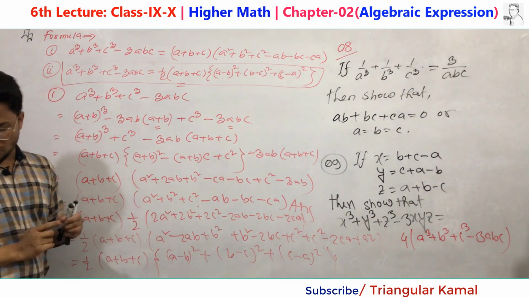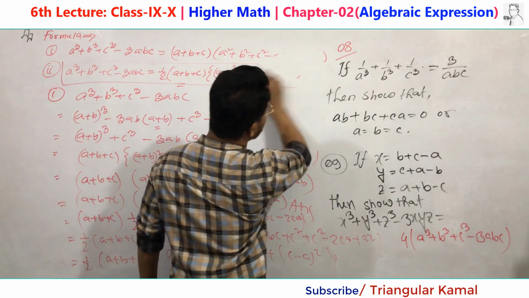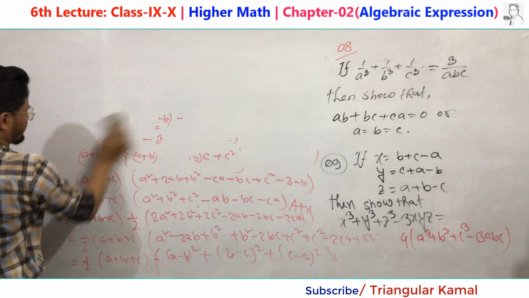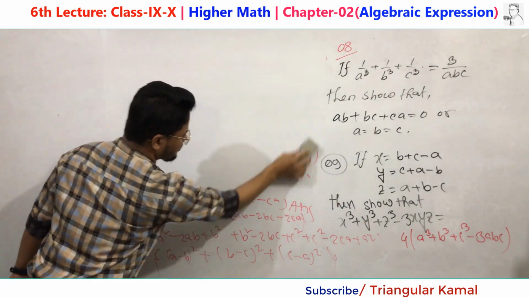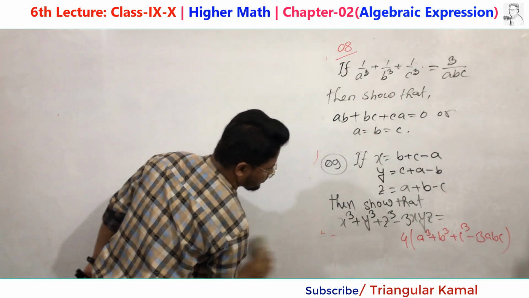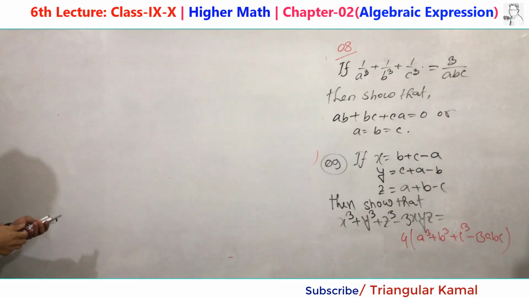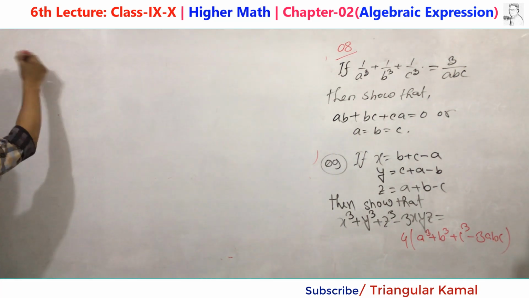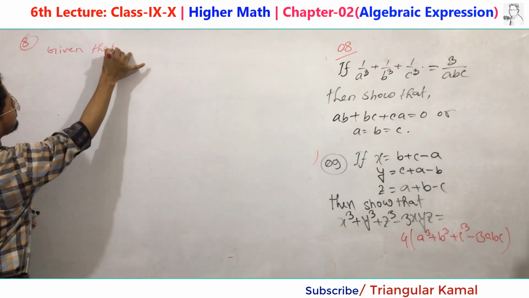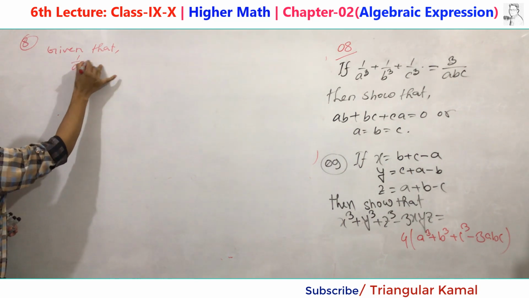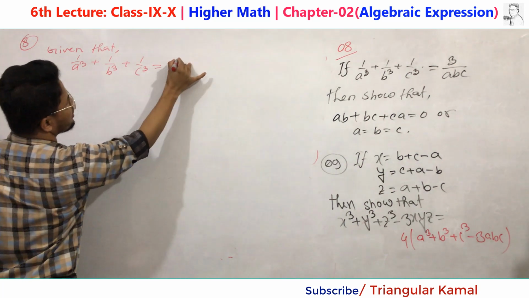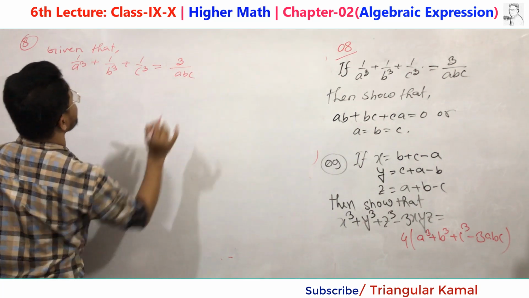Okay, now first give attention to number 9. Sorry, number 8. Okay, number 8, given that 1 by a cube plus 1 by b cube plus 1 by c cube equals 3 times of abc.